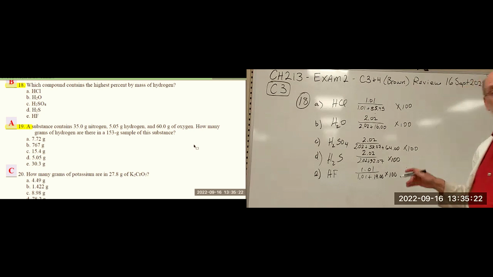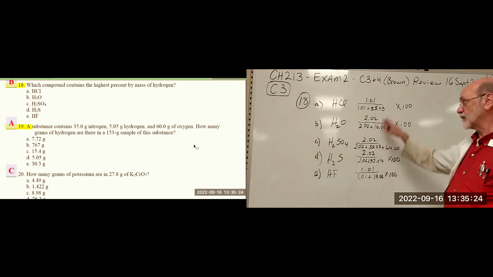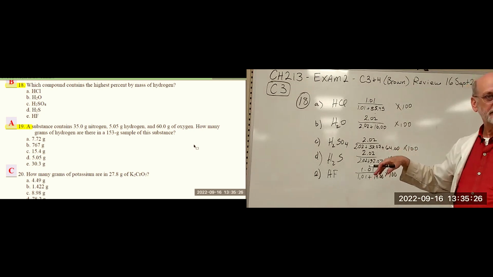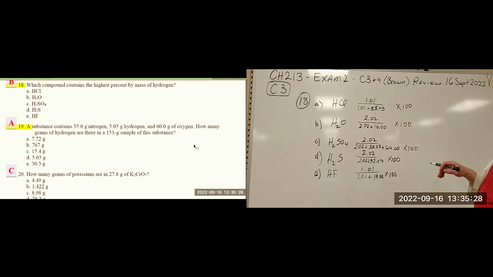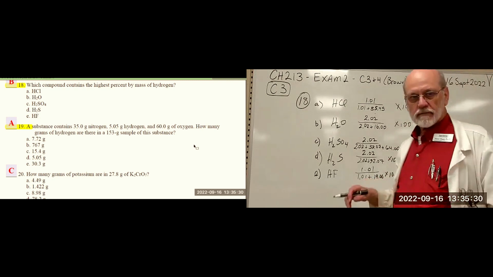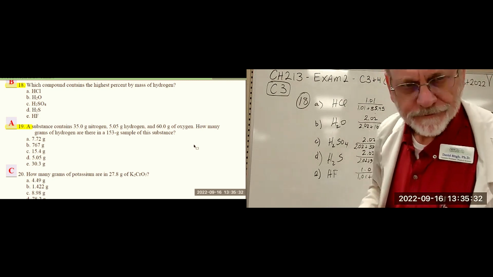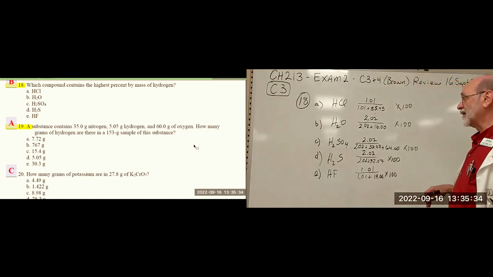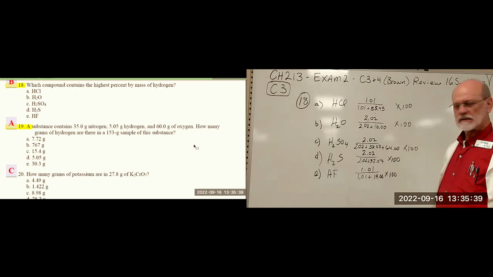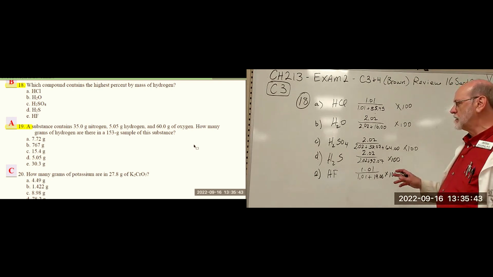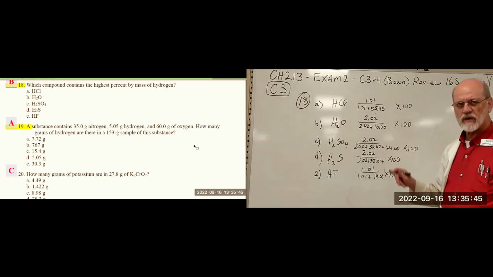Okay, so that calculates the percent composition of hydrogen in each one of these by mass. So you just compare them, and you know what? I think this one might be wrong also.